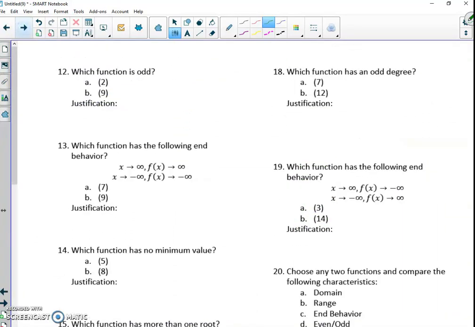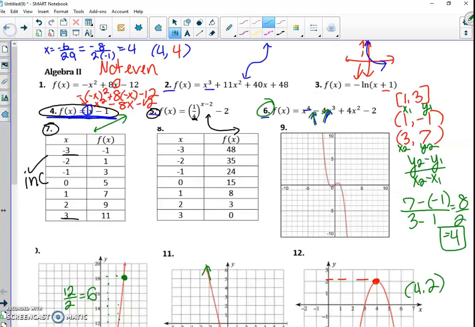It says, which function is odd, 2 or 9? So function 2. Remember for these, for the actual functions, don't just look at the highest exponent. That's not really how it works. You have to plug in a negative and see if everything switches signs.